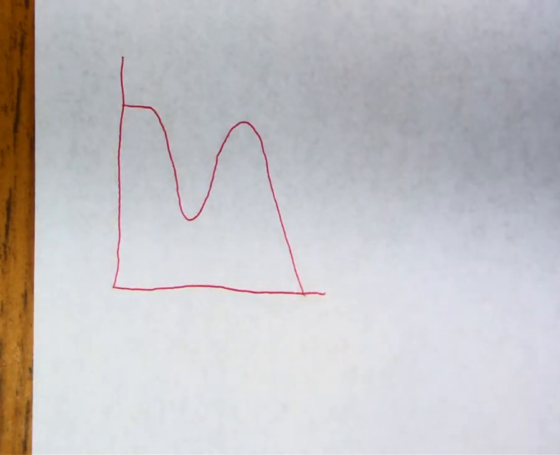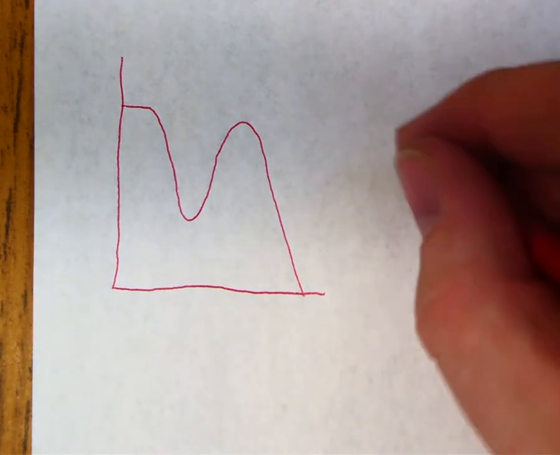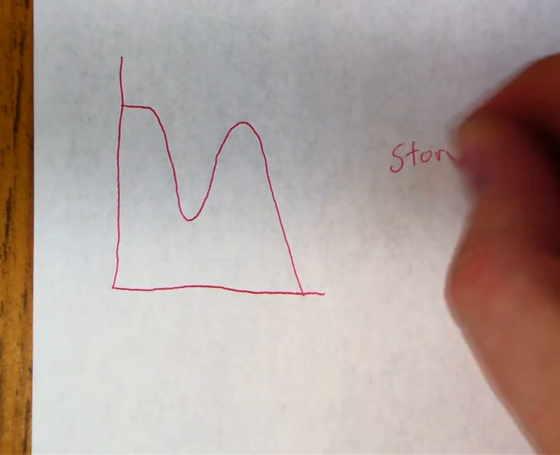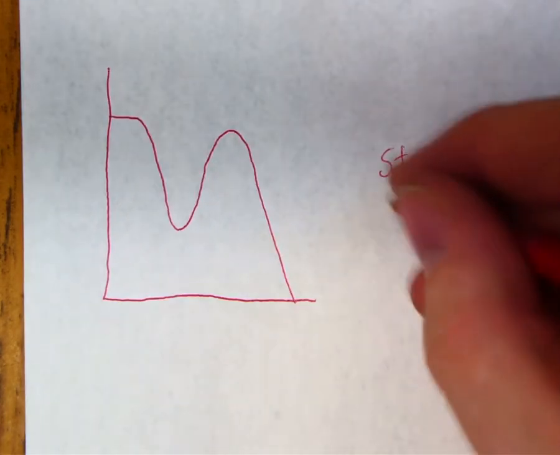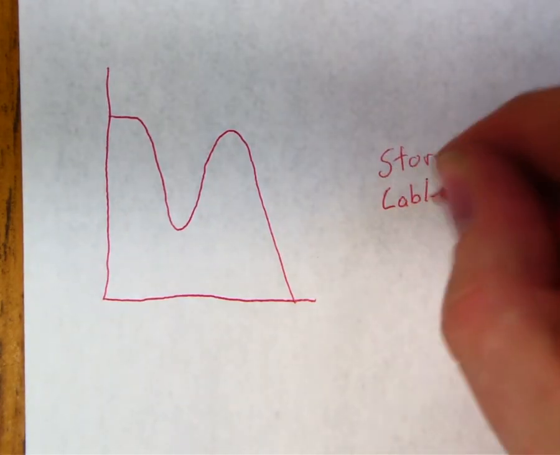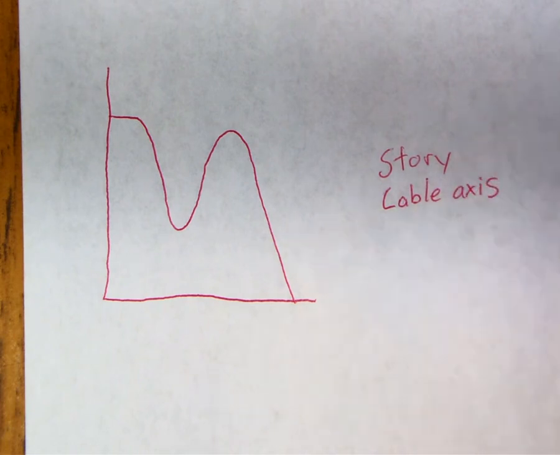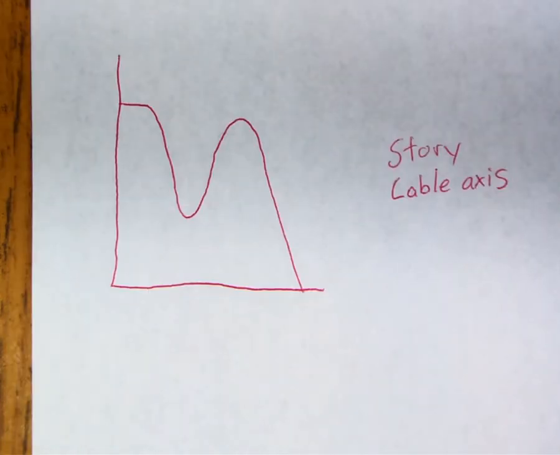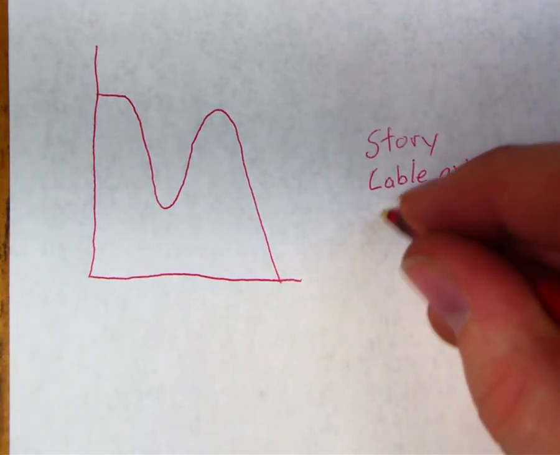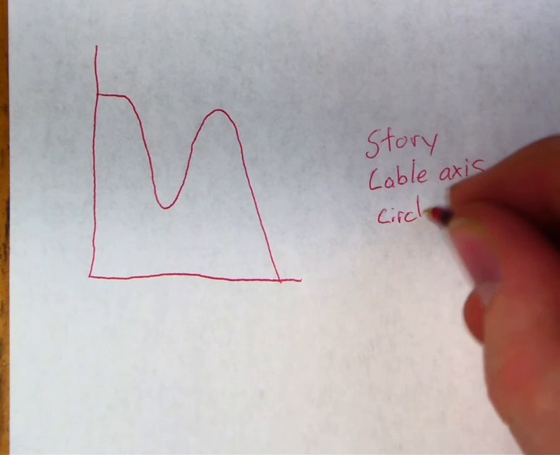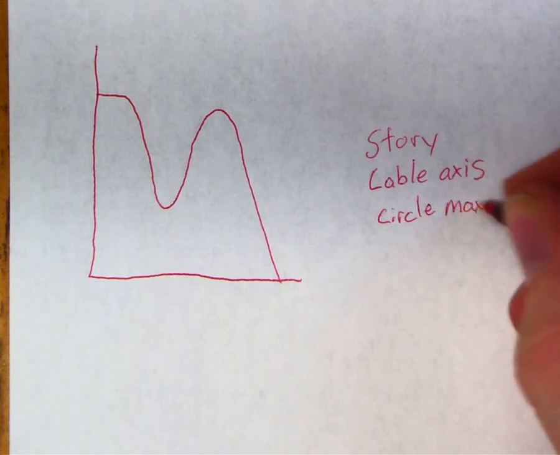So I gave you that graph, and then I told you, give me one story about it. Describe it using a story. Be sure to label your axis. So label both of them, the x and the y axis, and don't just label them x and y. Make sure it follows up on your story and pertains to that. I want you to circle the maximum. Just circle it on the graph, seeing as we didn't have numbers on here.